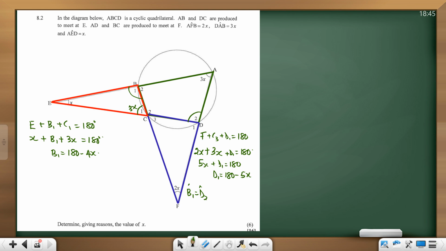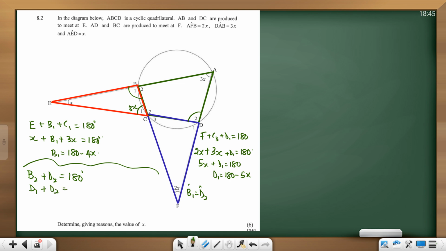B2 plus D2. All right, let me come here. B2 plus D2. I hope we are following: sum of opposite angles, cyclic quad. Yes? Yes, sir. Then I got B2 is equal to D1, exterior angle.